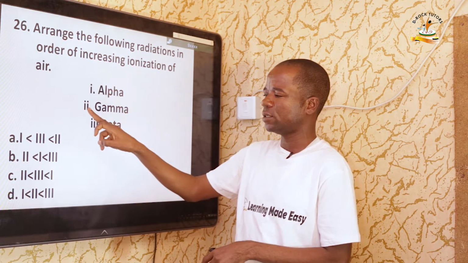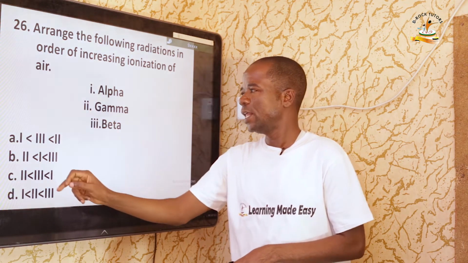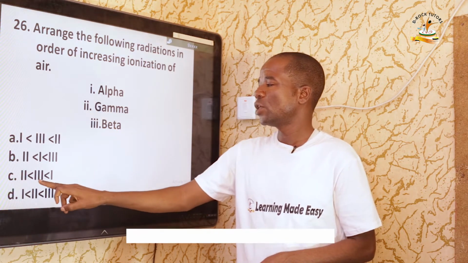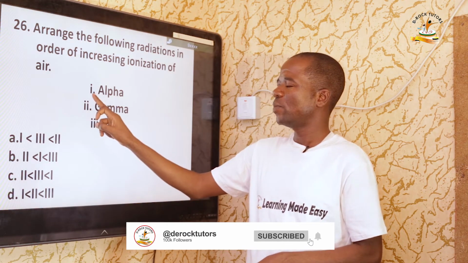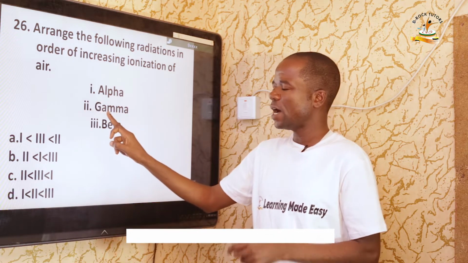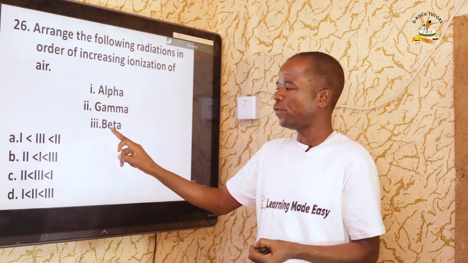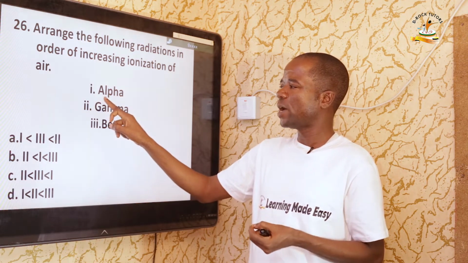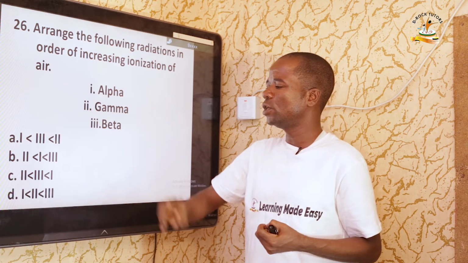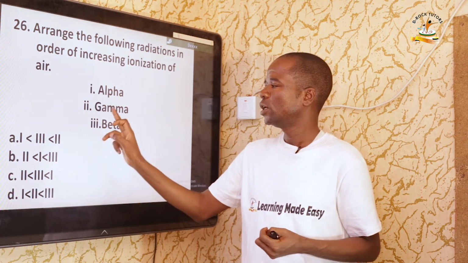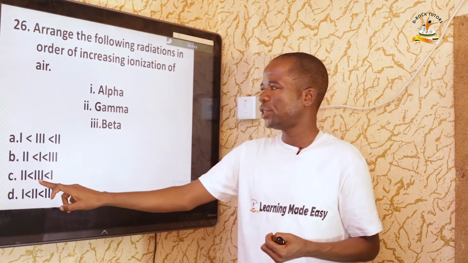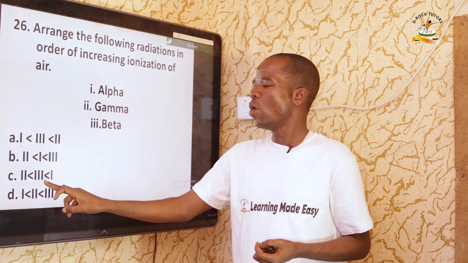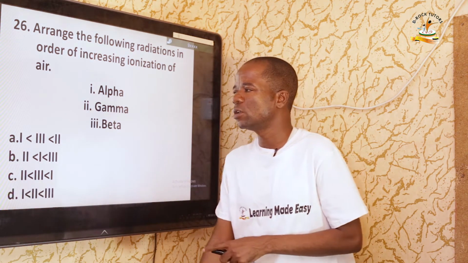So 2 starts, followed by beta, that's 3, and then lastly alpha. Gamma has the lowest ionization, followed by beta, and the highest ionization energy is possessed by alpha particles. So the correct one is 2, that's gamma, followed by beta 3, and then finally alpha, which is 1. So the correct option is option C.